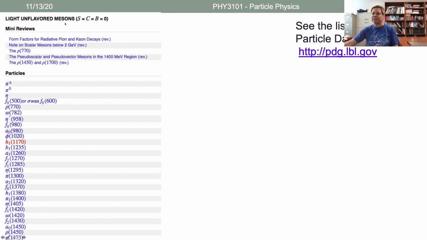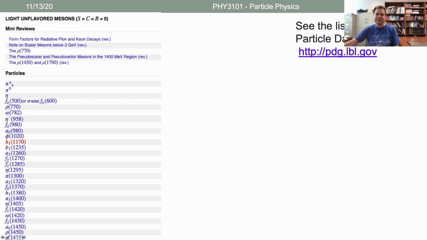All right, but to talk about this zoo of particles, I invite you to go to this website, pdg.lbl.gov. That's the Lawrence Berkeley National Laboratory. And PDG stands for the Particle Data Group. They have a listing of all the particles that we know about. Here's an extract for what are known as light, unflavored mesons.